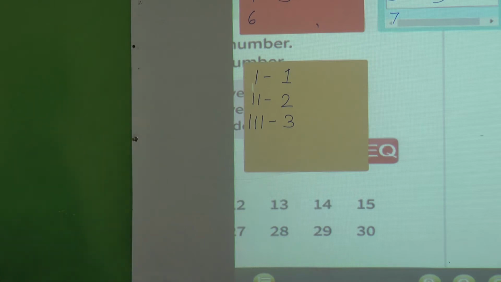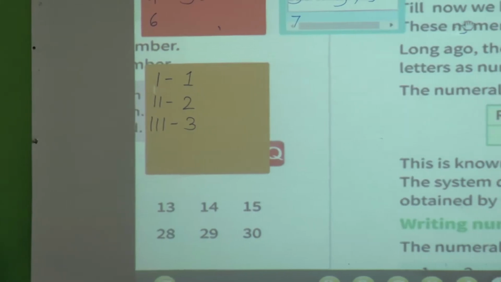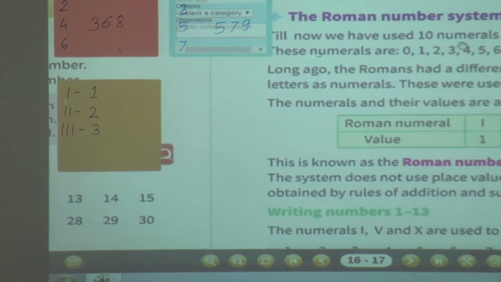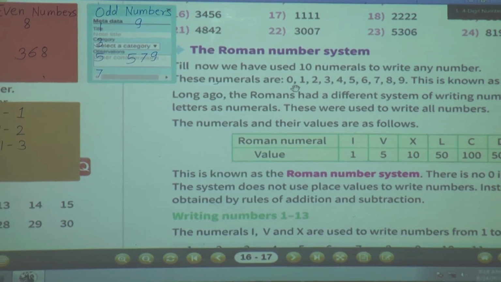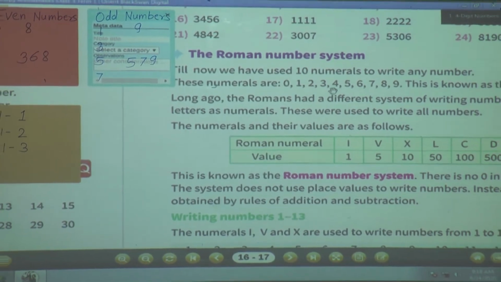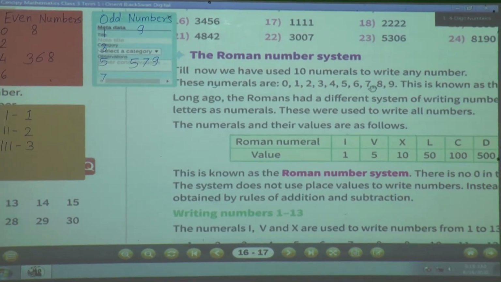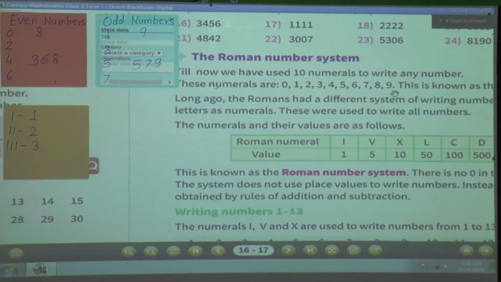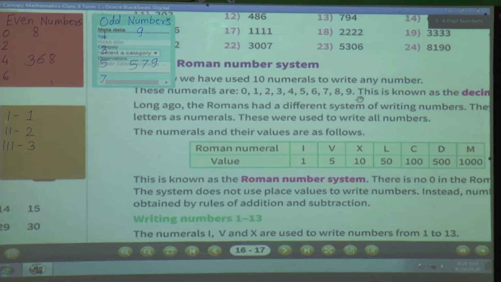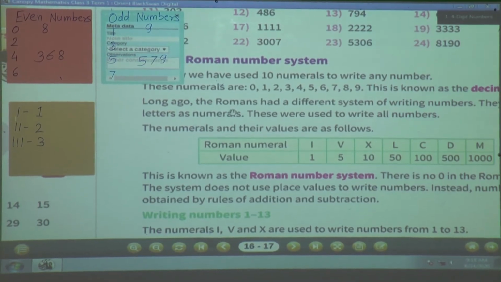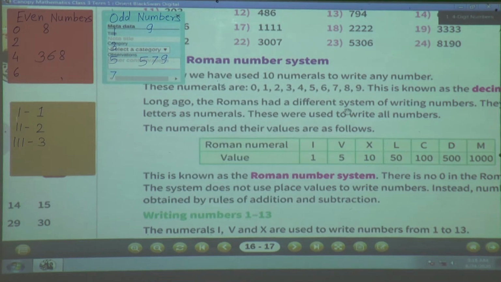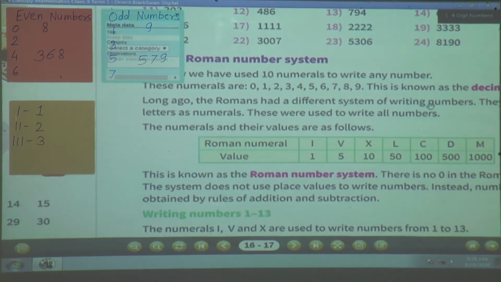See here, open your textbook. Till now we have used 10 numerals to write any numbers. These numbers are 0, 1, 2, 3, 4, 5, 6, 7, 8, 9. This is known as the decimal system. But students, long ago the Romans had a different system of writing numbers. Why? Because long back the numbers were not there.